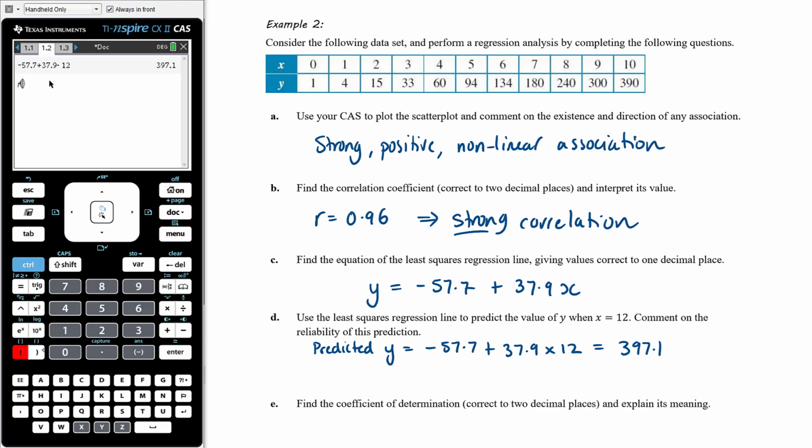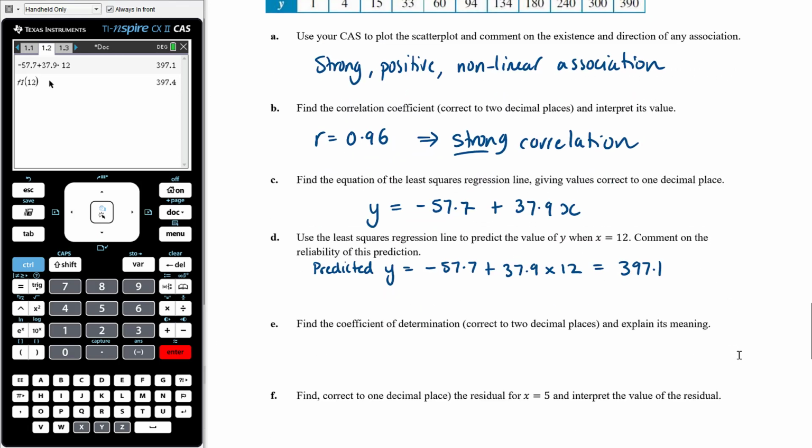If you'd used your function 1 of 12, you would have got a slightly different prediction, okay? So if it's not really clear, I would tend to stick with the question from Part C, but I can assure you that you won't be penalised for being more accurate than necessary in subsequent calculations. And usually the numbers are designed so you actually don't get different rounding. So our predicted y value is 397.1, or 397.4 if we use the function definition.